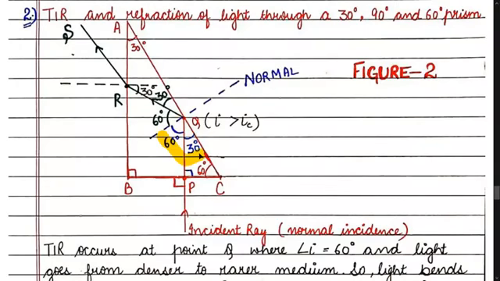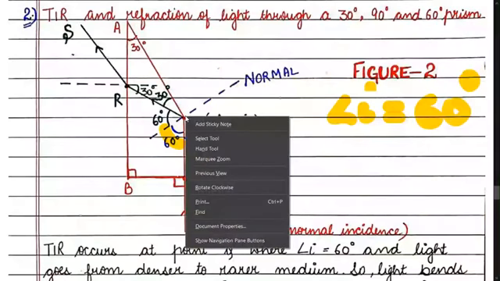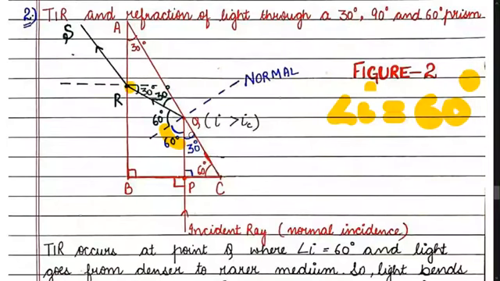Some part of the angle is 30 degree. Thus, the angle of incidence is 60 degree at point Q. Moreover, the light is going from denser medium to rarer medium. So both the conditions are satisfied at point Q.